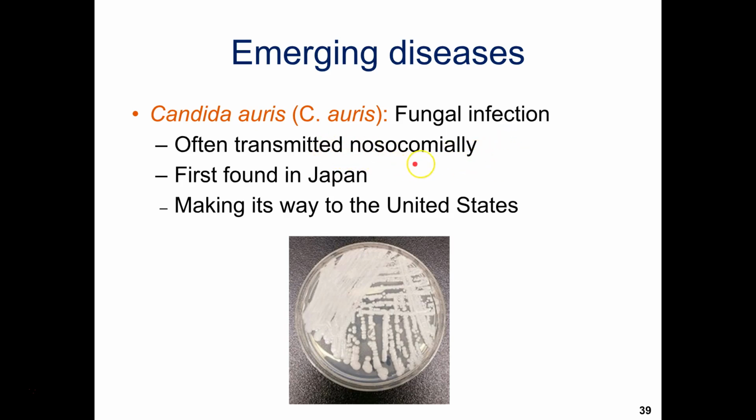Nosocomially means that you get it when you go to the hospital for something else. So somebody else in the hospital has this, and you picked it up, or something else happens and you manage to pick up this infection in the hospital. That's a nosocomial infection, and that's a word I would like you all to know.